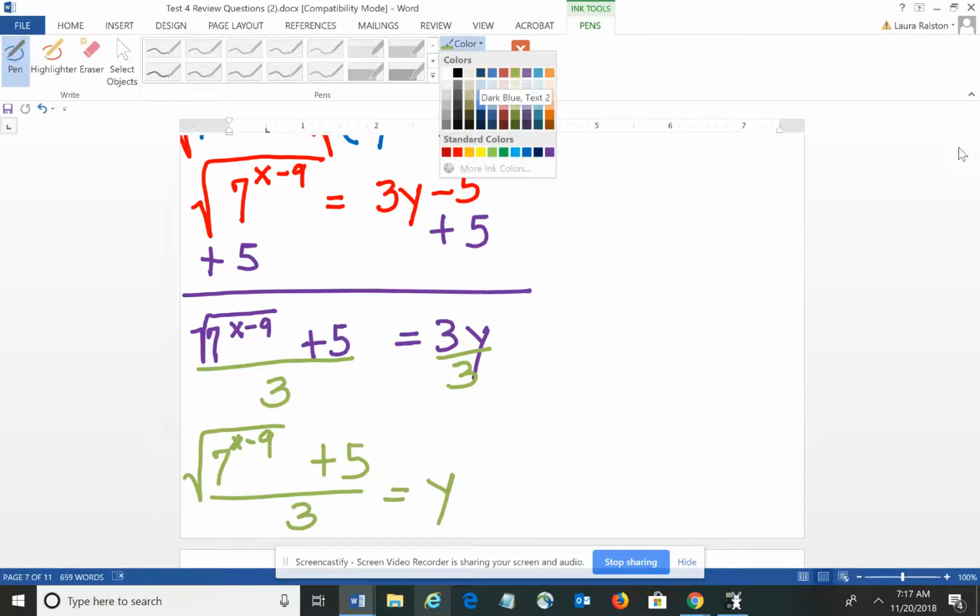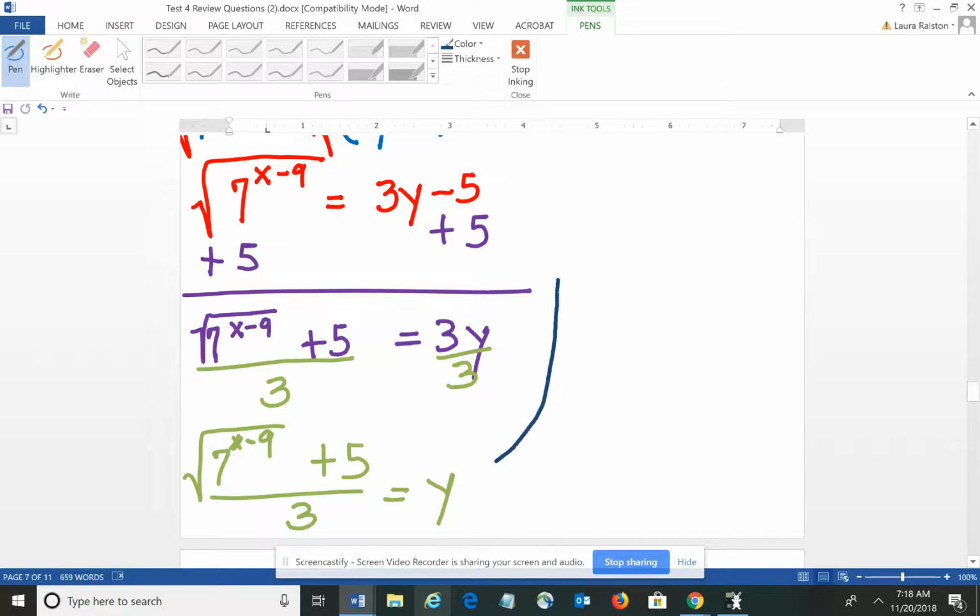But one thing I want to point out to you is we can simplify this just a little bit, because remember that the square root, we really have 7 to the x minus 9 to the 1/2 power plus 5 all divided by 3.